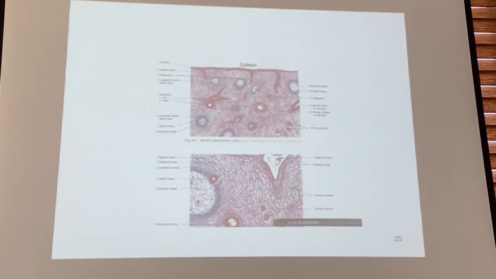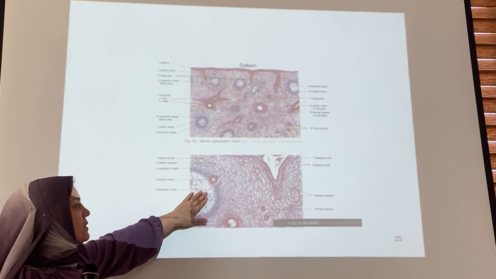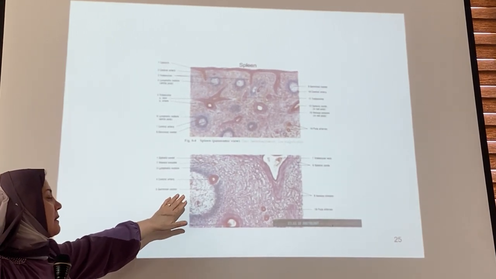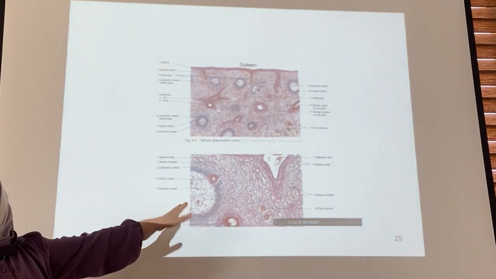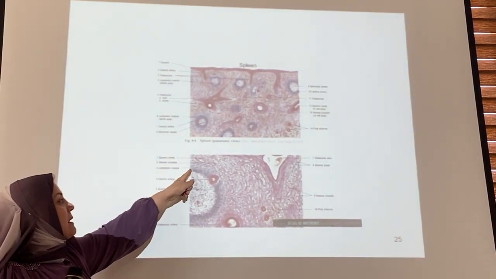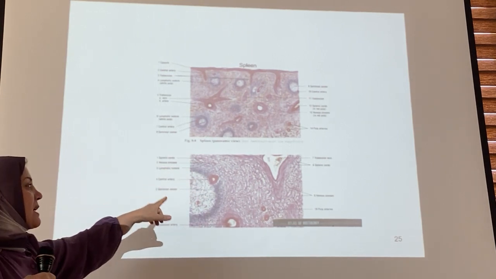As you see, this is the white pulp. At the center of the light region, this is the secondary lymphatic nodule, like the lymph node, and the dark ring at the periphery is called the marginal zone.